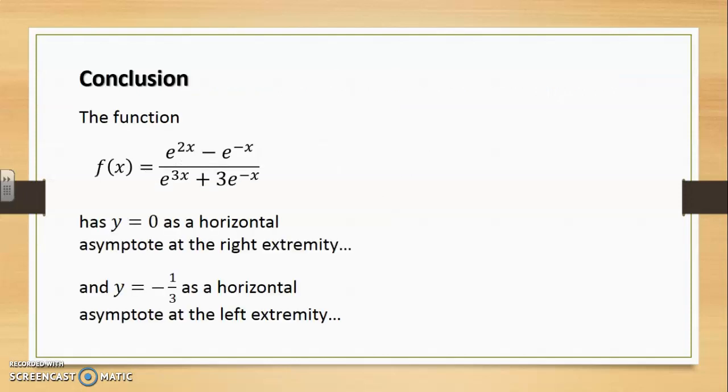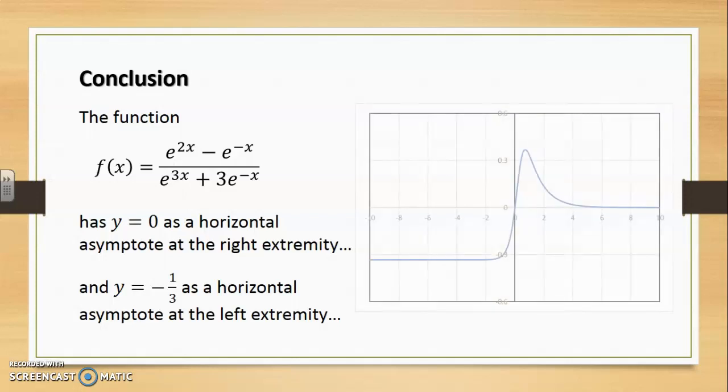As a conclusion, this time we found that y equals 0 is a horizontal asymptote of our function at the right extremity, and we have found a very different horizontal asymptote at the left, which was minus a third. Again, here's a graphical verification of what our numerical work has concluded.